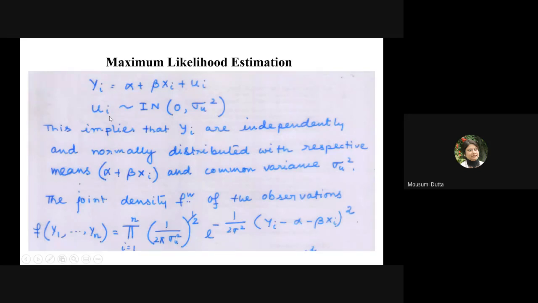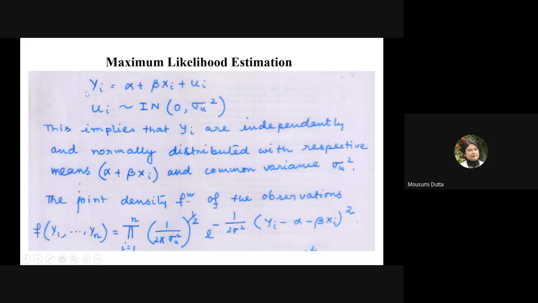So if ui is normally distributed, yi will also be normally distributed. The mean of yi will be alpha plus beta xi, and the variance of yi will be that of ui, because ui is randomizing yi. So the variability of yi fully depends on the variability of ui. So the variance will be sigma square, whereas the mean will be alpha plus beta xi.